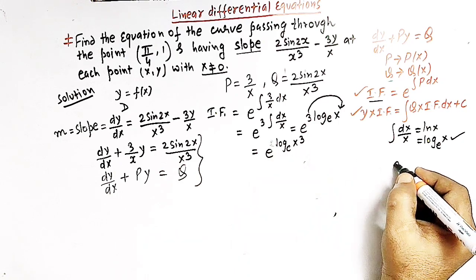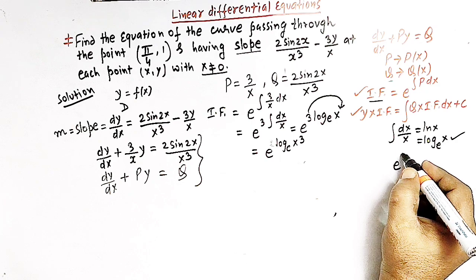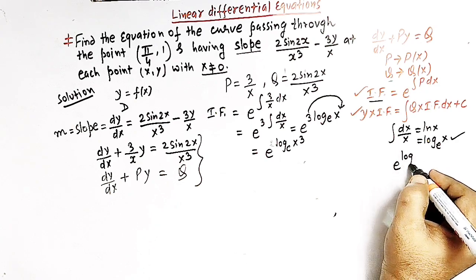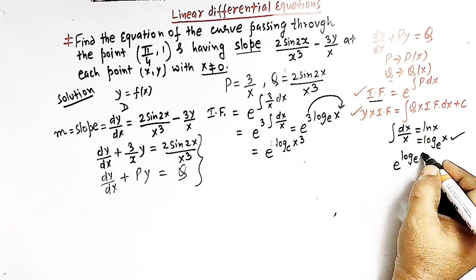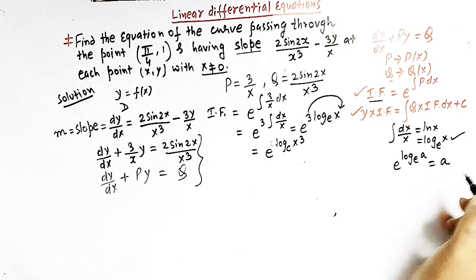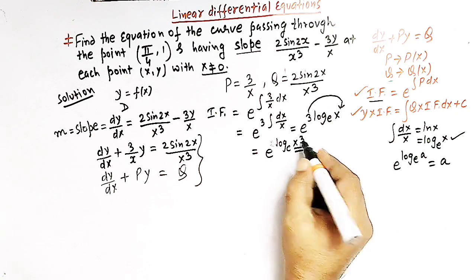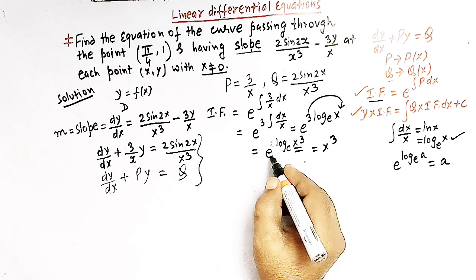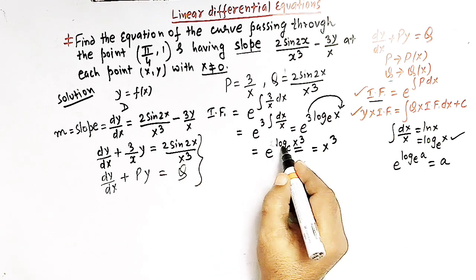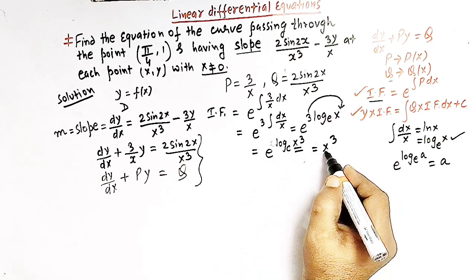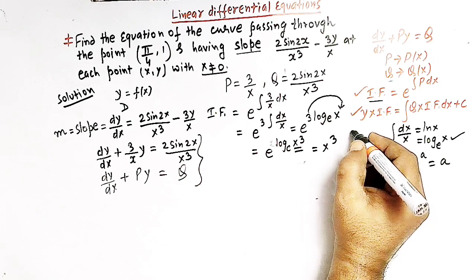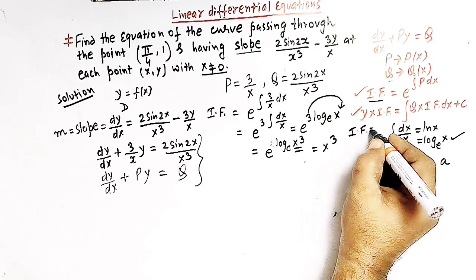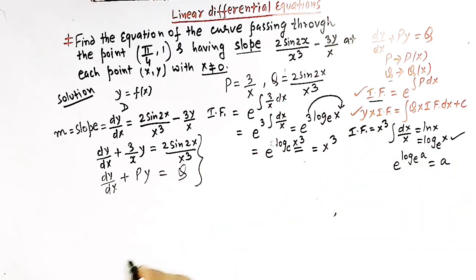And from calculus we know this important relation, that is e raised to log a is equal to a. So e raised to natural log of x cubed is equal to x cubed. So our integrating factor is now x cubed, right?